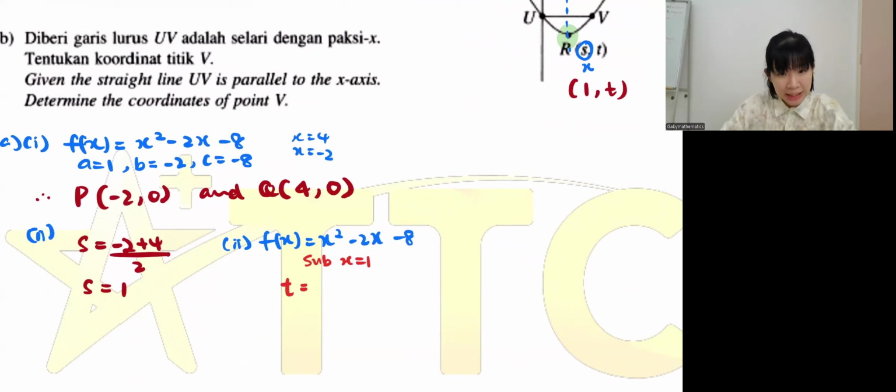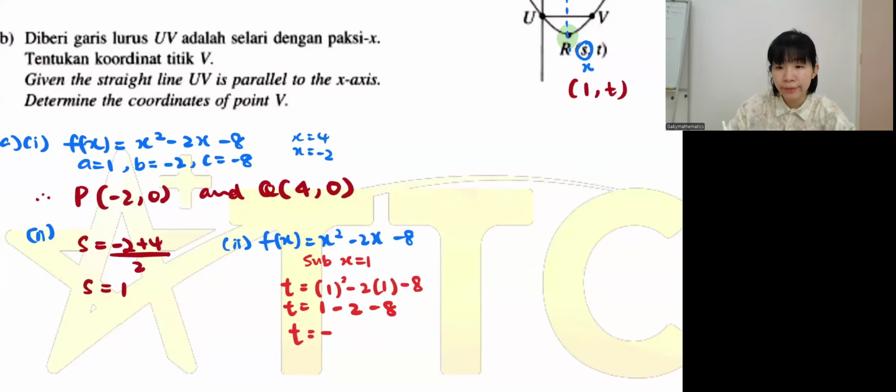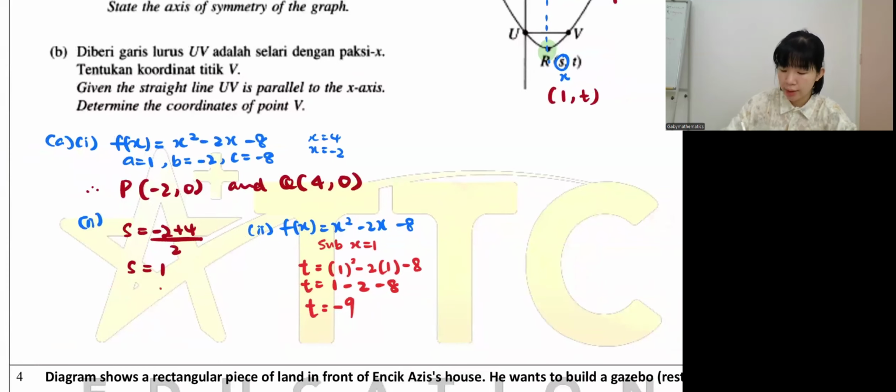It's the same. t equals 1 squared minus 2(1) minus 8. How much is t? 1 squared is 1, minus 2, minus 8. So t equals negative 9. Yep. So we got S, we got T.